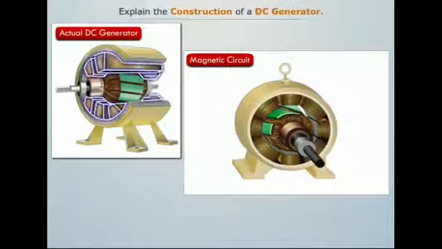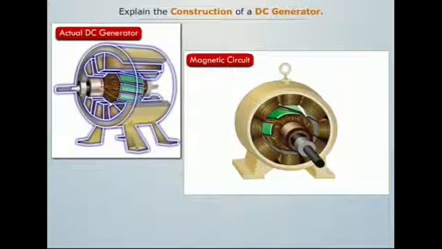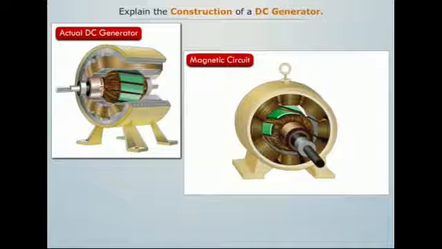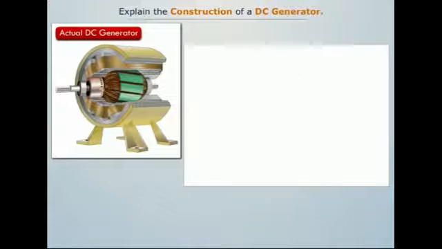The air gap between the two pole faces, the armature and field winding, is called the air gap. It is the place where energy conversion takes place. Let's discuss one by one.